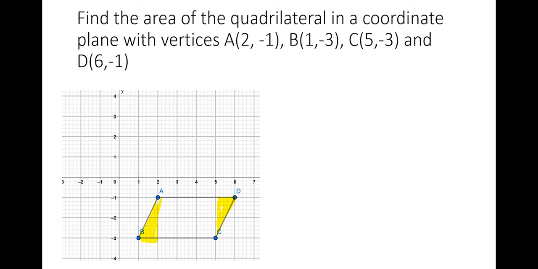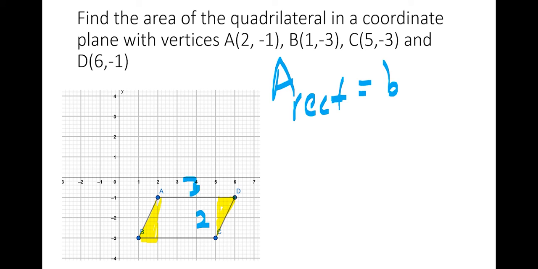The rectangle is 3 by 2. So the area of the rectangle is base times height, which is 3 times 2, which is 6 square units.